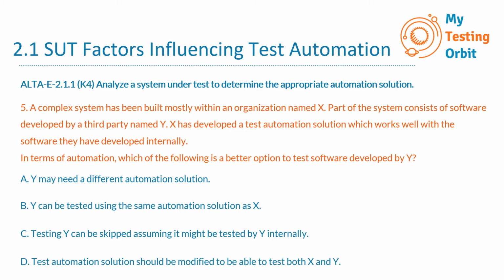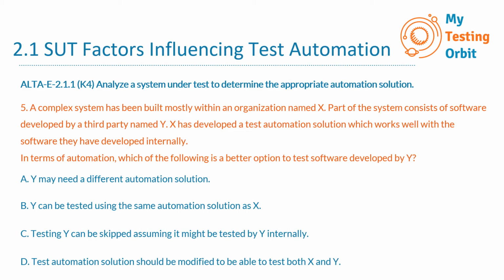Okay, so now over here, this is a very common scenario that a company has developed an automation solution to test the systems internally, and part of it was outsourced to a third party. They have developed it, but of course that needs testing as well.